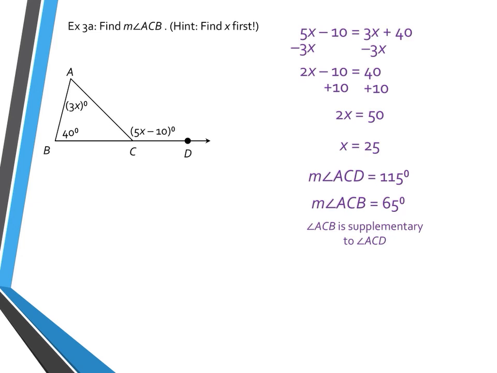And then since angle ACD, the exterior angle, is supplementary to its adjacent interior angle and they form a linear pair, we can subtract 115 degrees from 180 to figure out the measure of angle ACB, which results in 65 degrees.